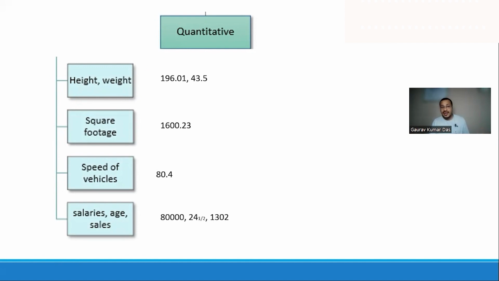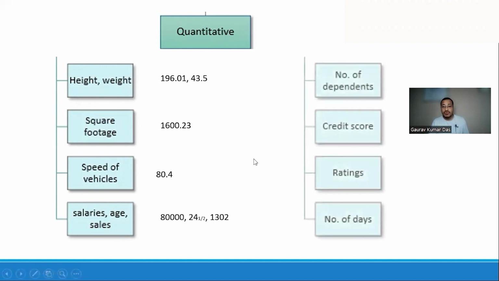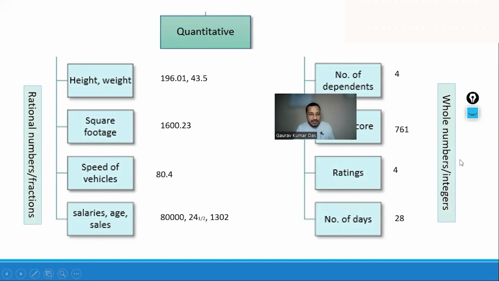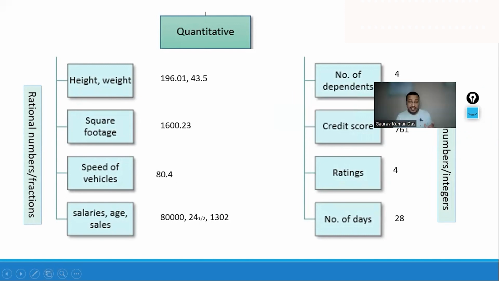Whereas if you look at the other part of quantitative, number of dependents, credit score, ratings which you give to a movie, say rating out of 10 or rating out of 5, number of days, they tend to be integers. These are whole numbers typically, and the others are rational numbers or fractions. Yes, sales of 1302 is an integer, but if you think about it, it will tend to be continuous.